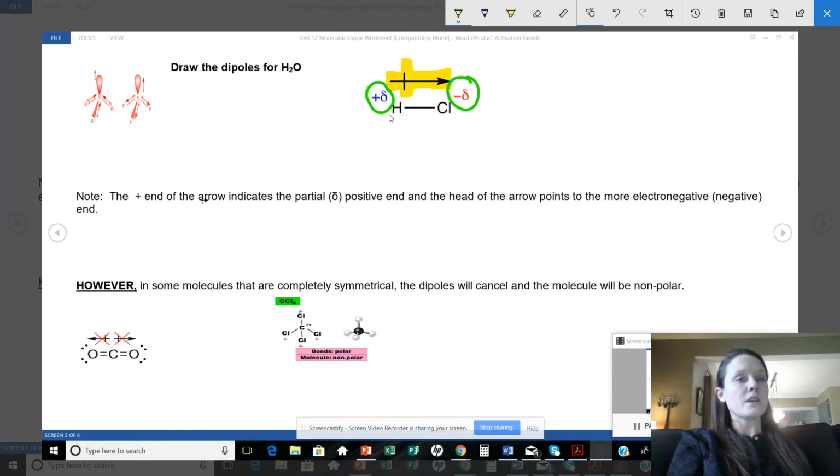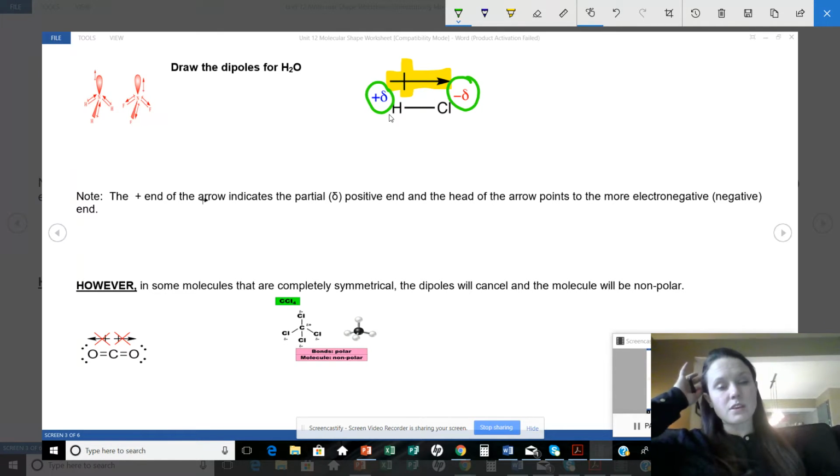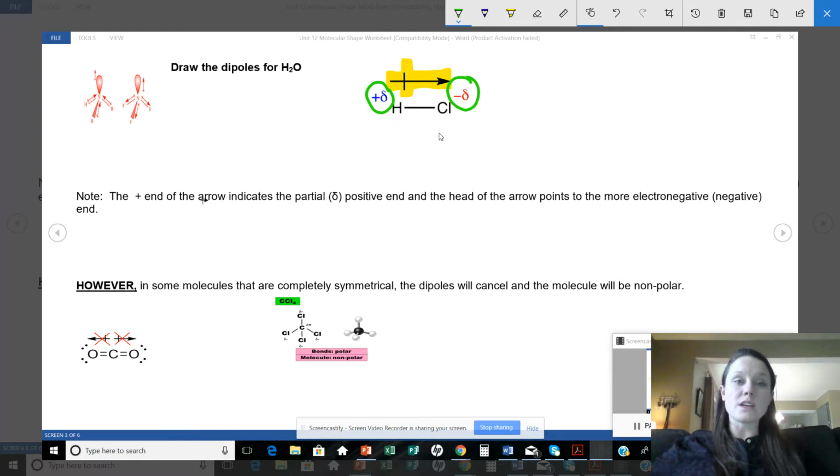All right. So in your note packet, it asks you to draw in the dipoles for H2O. Okay. So if we fill in our Lewis diagram from earlier with water.